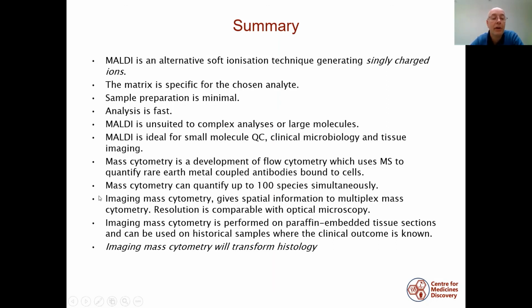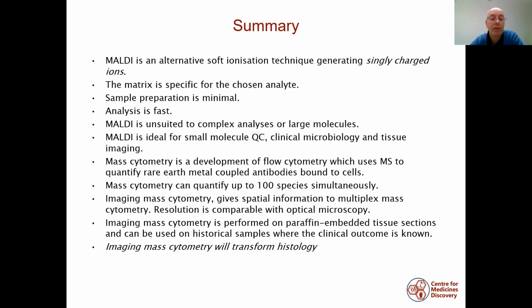The development of imaging mass cytometry gives you spatial information to multiplex mass cytometry. By multiplex, I mean this ability to analyze 100 different protein types in a single experiment. And the resolution, I think, is superb. The resolution is 1 micron, which is comparable to optical microscopy.